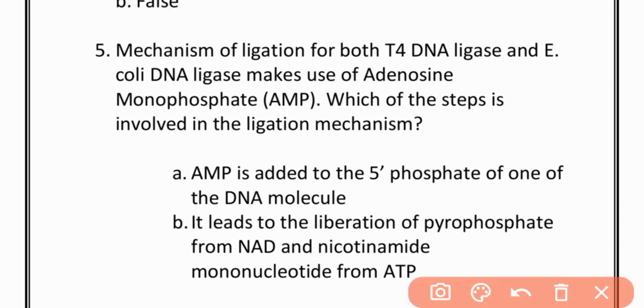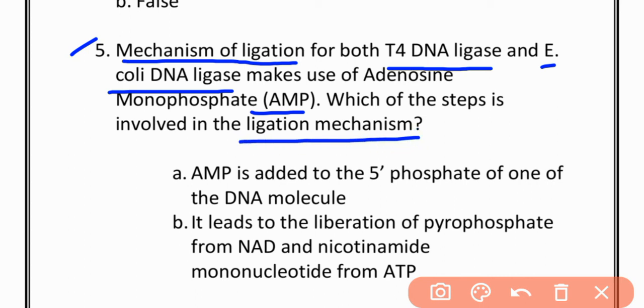MCQs number 5. The mechanism of ligation for both T4 DNA ligase and E. coli DNA ligase makes use of AMP, adenosine monophosphate. Which step is involved in the ligation mechanism? Option 1, AMP is added to 5' phosphate of one of the DNA molecules. B, it leads to liberation of pyrophosphate from ATP and nicotinamide mononucleotide from NAD.